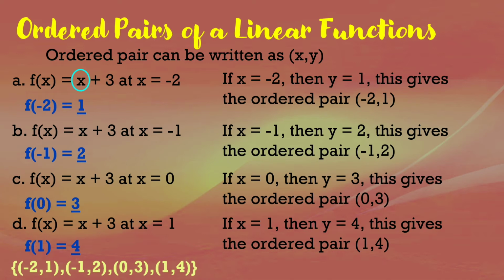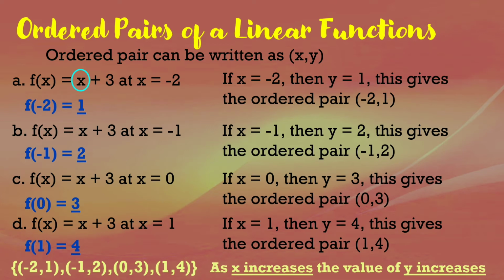So, these are the order pairs for f of x equals x plus 3. So, negative 2, 1, negative 1, 2, 0, 3, 1, 4. So, as you notice, as x increases, the value of y increases. So, let's have f of x equals negative x plus 3.